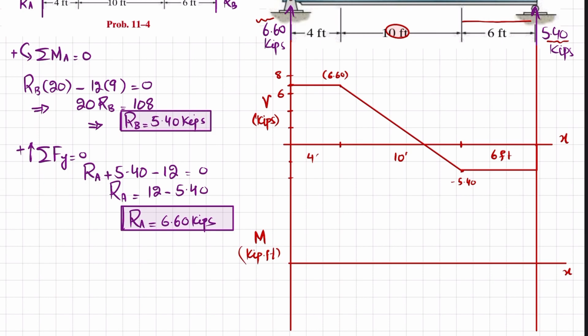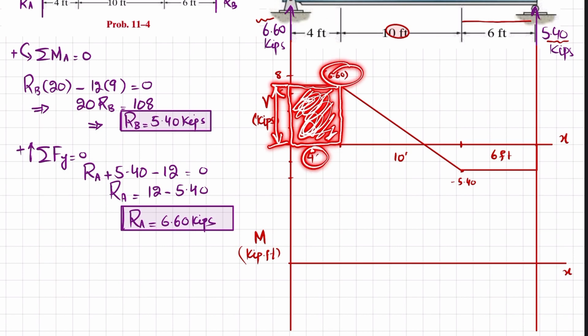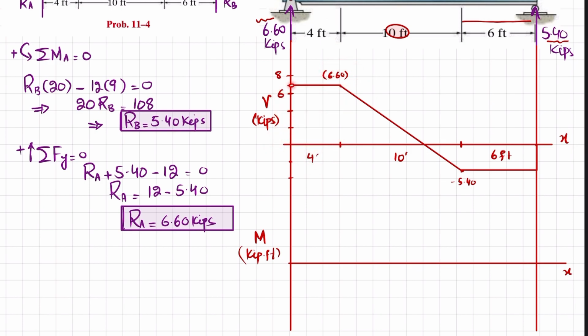Now if you take this first region, the area under this shear force will give you bending moment, and this height is 6.60 multiplied by this length 4 feet, which will give you 26.4 if you multiply both. Clear? And since this line is horizontal, the bending moment will be a first degree line. So 6.60 multiplied by 4 will give you 26.4.